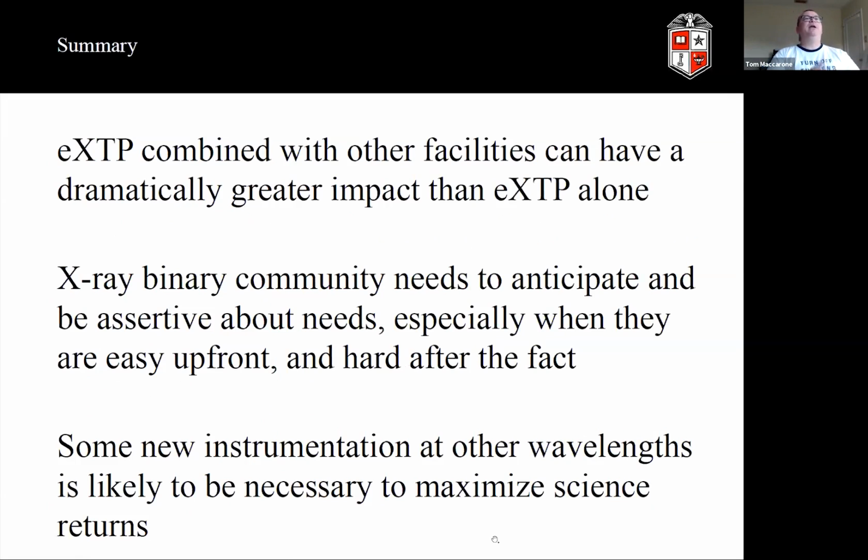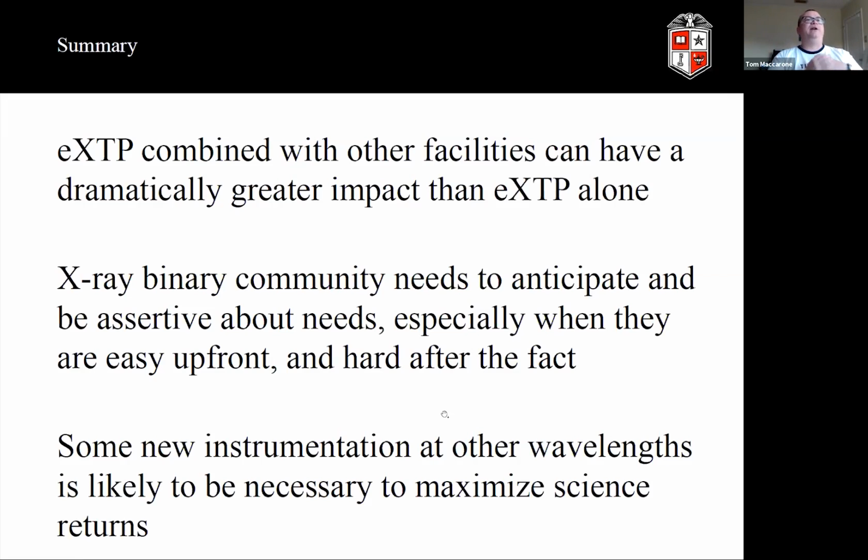All right, so in summary, there's a lot of things in X-ray timing that take advantage of either simultaneous or other supporting multi-wavelength data, and thinking about those 6 years in advance could help EXTP have a greater impact.